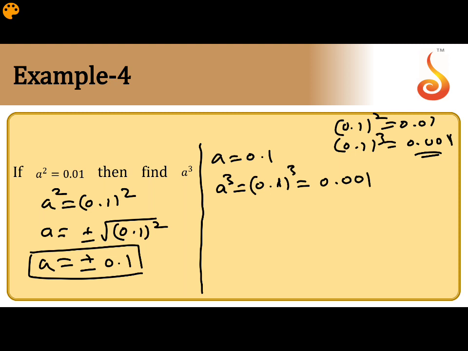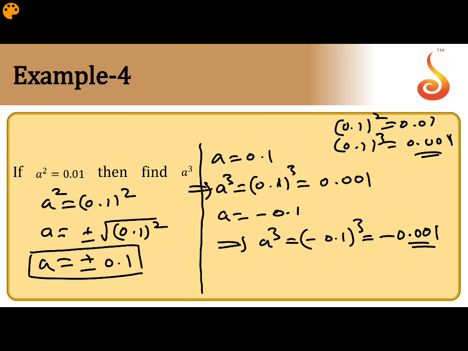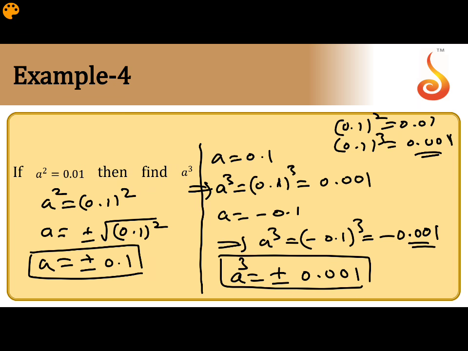So now you can take a equals 0.1. Suppose a is minus 0.1. In this case, a cube is minus 0.1 whole cube. Since this is an odd power, we get a negative answer. So a cube is 0.001 when a equals 0.1, and minus 0.001 when a equals minus 0.1.